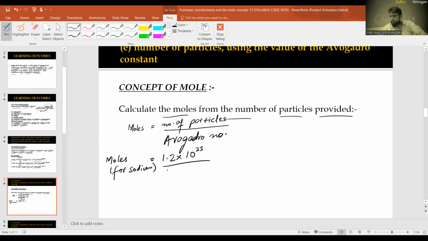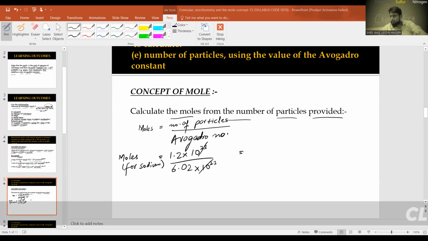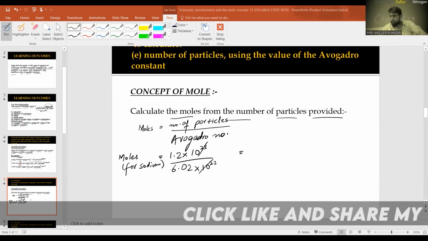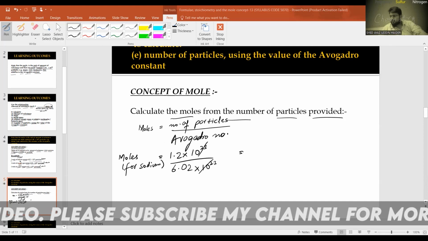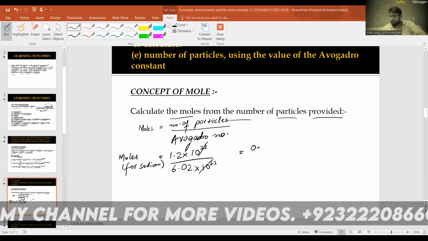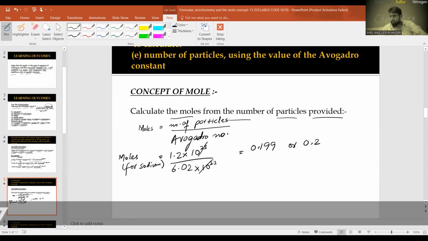So we'll divide this value by 6.02 × 10^23. So we will get 0.199 or 0.2 moles.